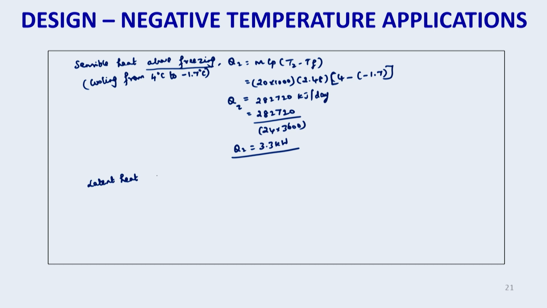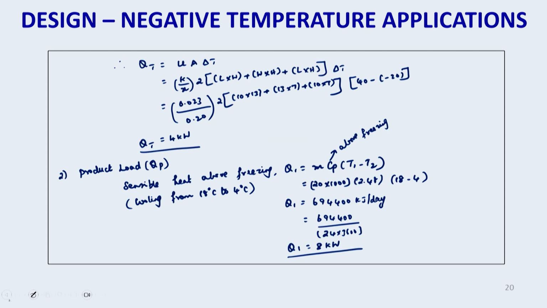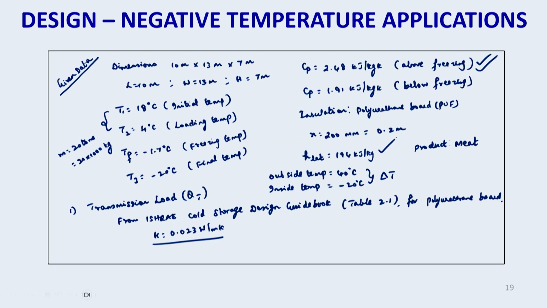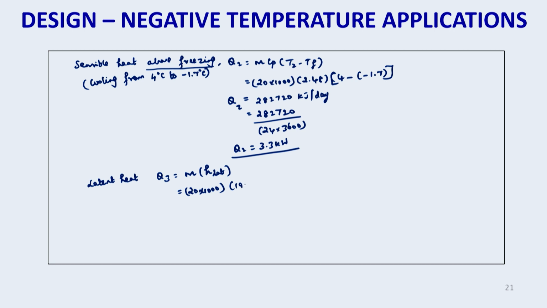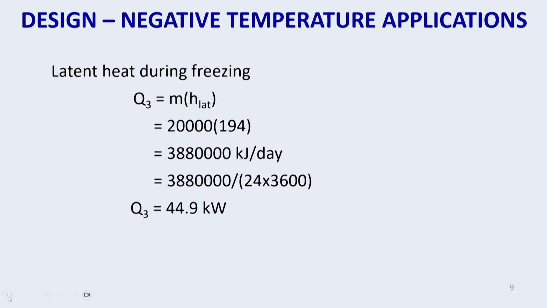Next one is latent heat, Q3, that is equal to M into H of latent heat, the enthalpy value, that is 20 into 1000. Latent heat value is given as 194 kilojoules per kg. This M is per day only, so for all the quantities it is in kilojoules per day.